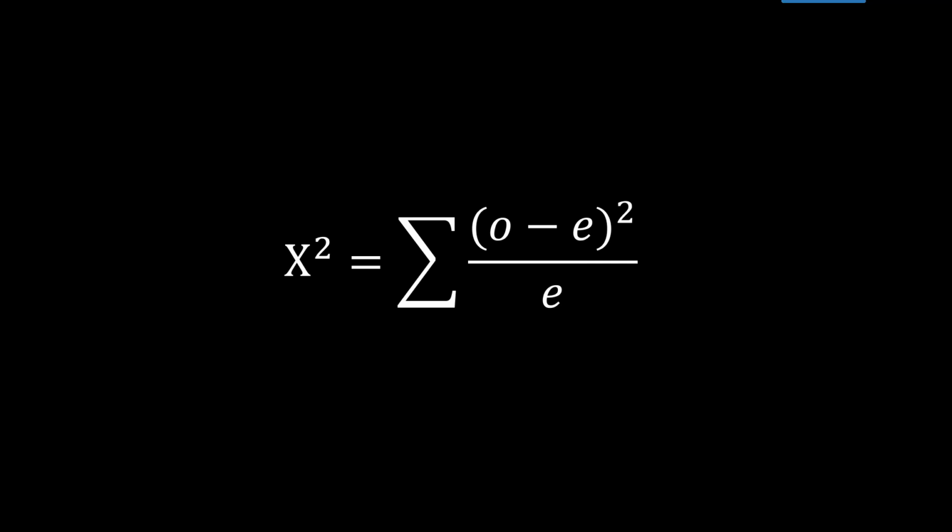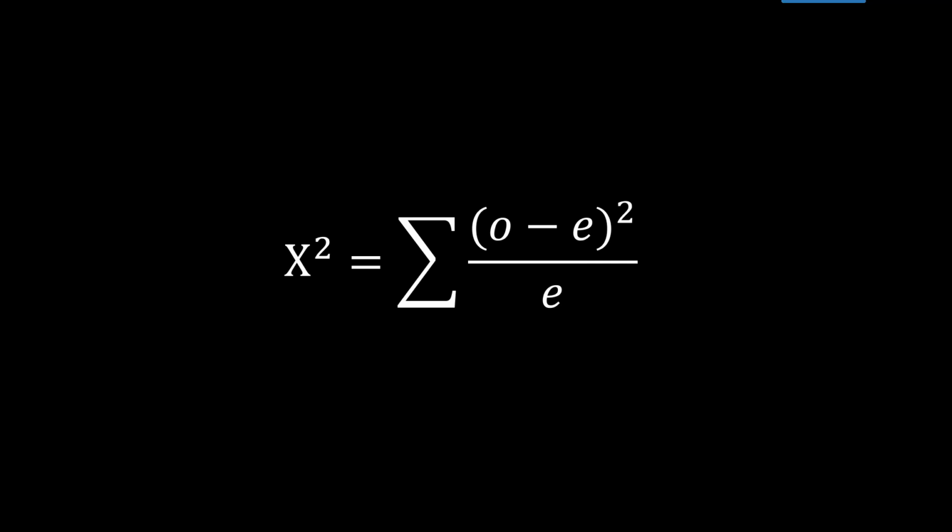So again, now it's just a simple matter of doing all the necessary calculations to compute the chi-square statistic. As the formula shows, we subtract each expected value from its corresponding observed value, square the differences, and divide by the expected value. We add these up for each pair in the table, and that's the value of chi-square.